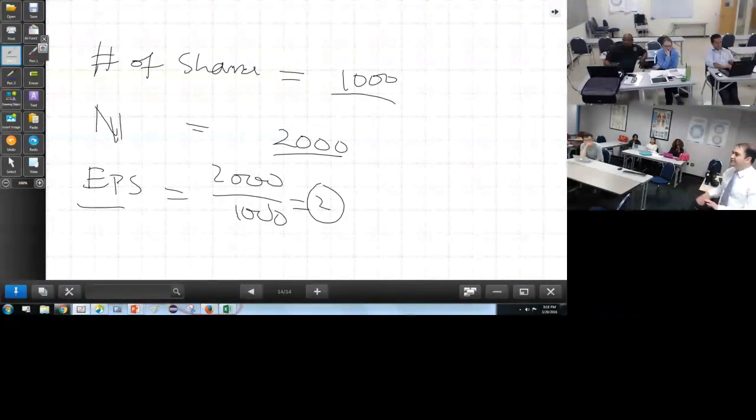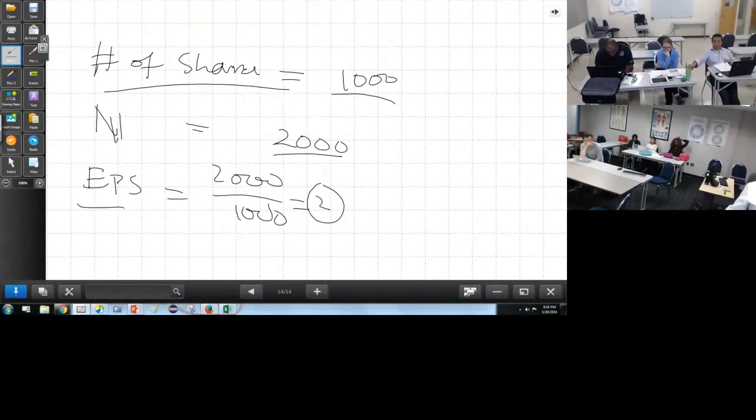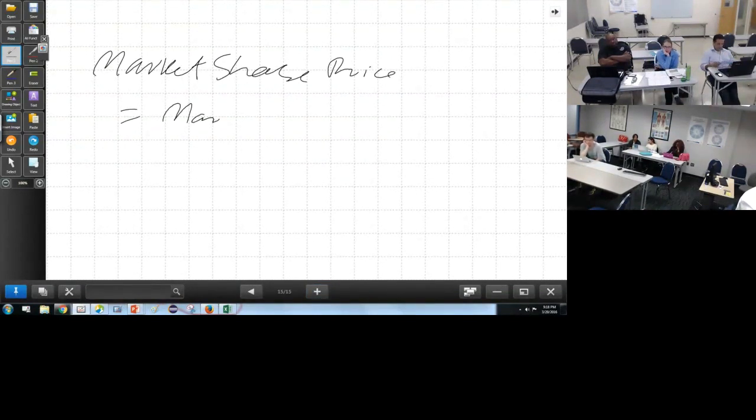You can go search the share price of any company, you'll get it. So the market share price is what we call the market value per share. It is equal to the market price per share. That can be easily taken from Yahoo or Google Finance.